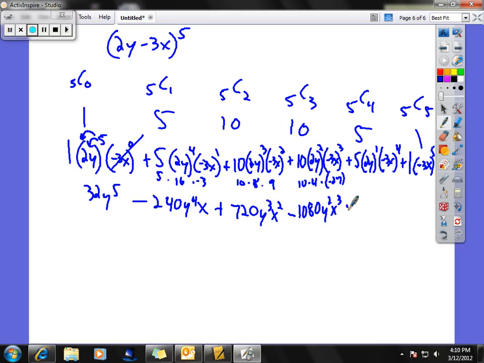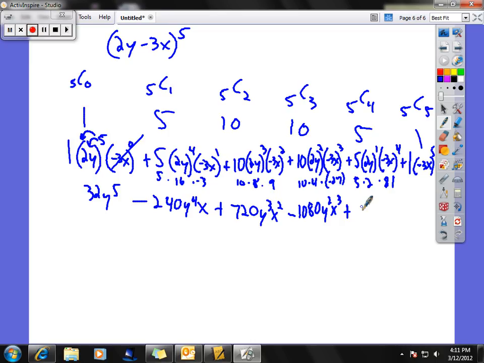This is going to be plus now. I've got a 5 and a 2 to the 1, so that's 2, and a negative 3 to the 4th, which is a positive 81. So that would be 405 times 2, so that would be 810.